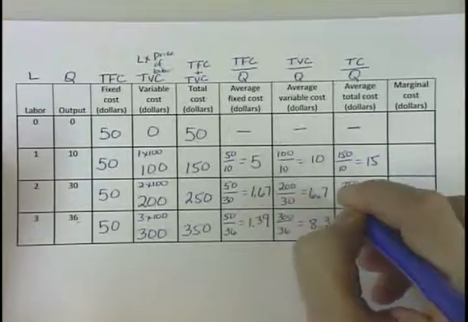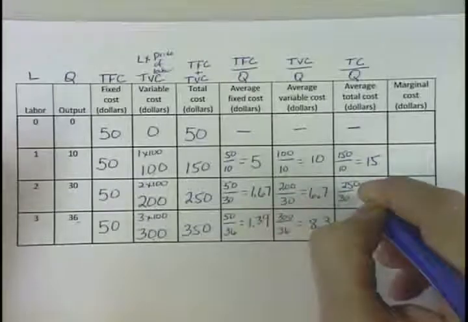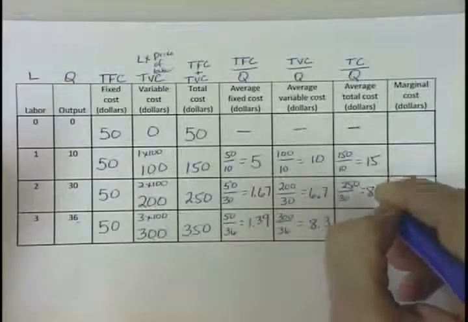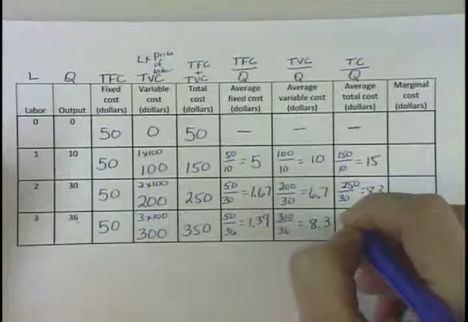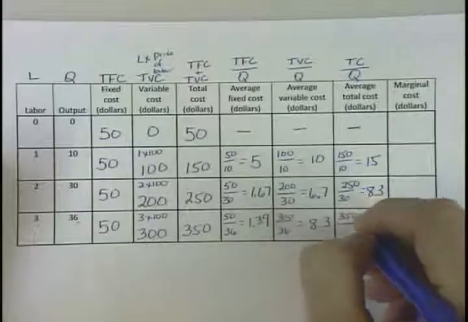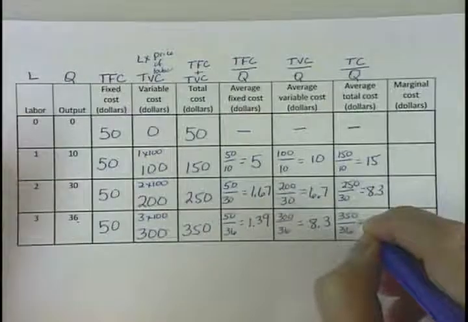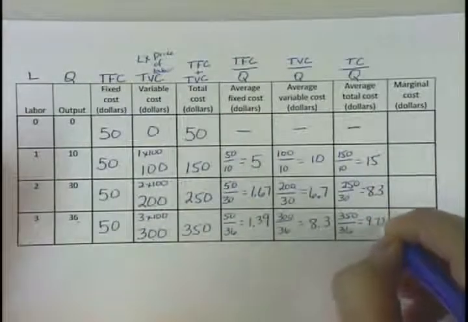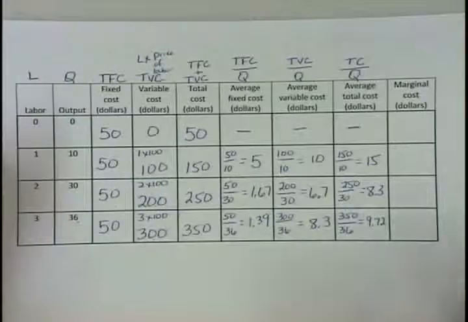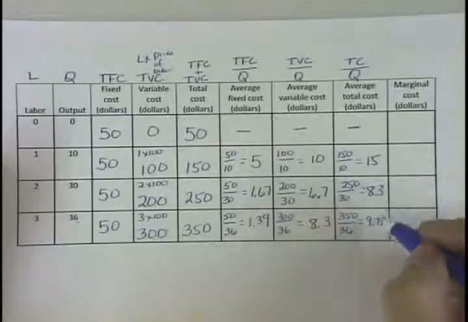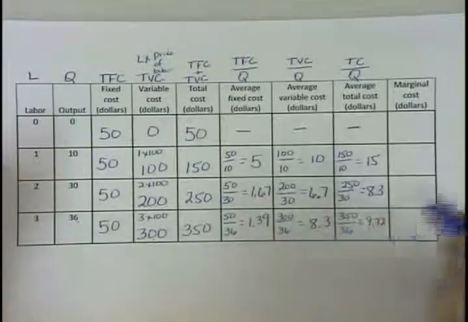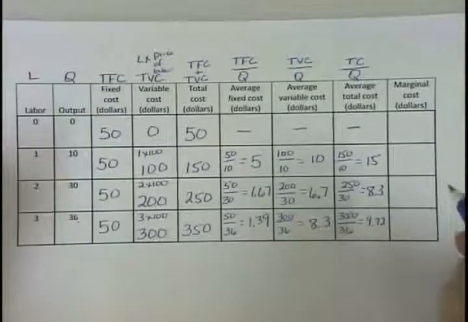We were producing 30 units, so this one should be 8.3. For the last one, our total cost is 350. Divide that by the 36 that we're producing, and that should be 9.72. When you're doing your homework, don't just say 8, don't say 10, don't say 7 and 8. You've got to give me at least one decimal point.